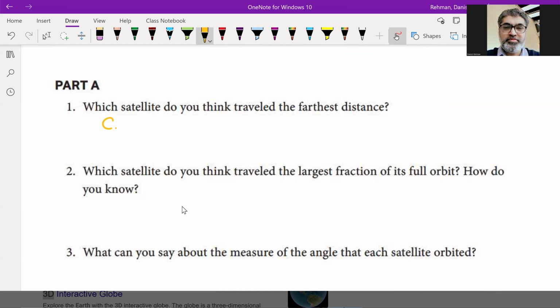Then question number 2. Which satellite do you think traveled the largest fraction of its orbit? You have this worksheet with you, right? Read the question again over there, and I will bring in the picture again.